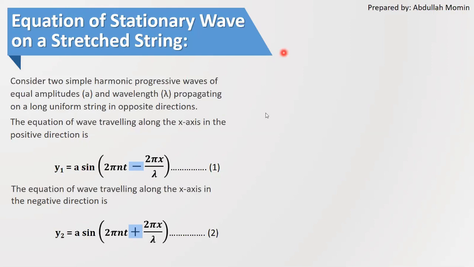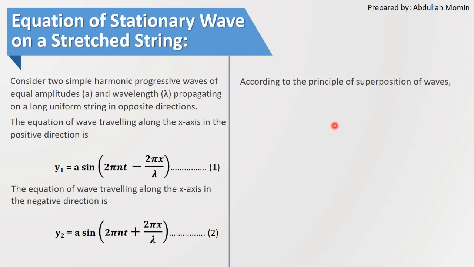Now these two waves are going to superimpose with each other. According to the principle of superposition of waves, the resultant displacement produced by superimposition of these two waves can be written as y = y1 + y2.